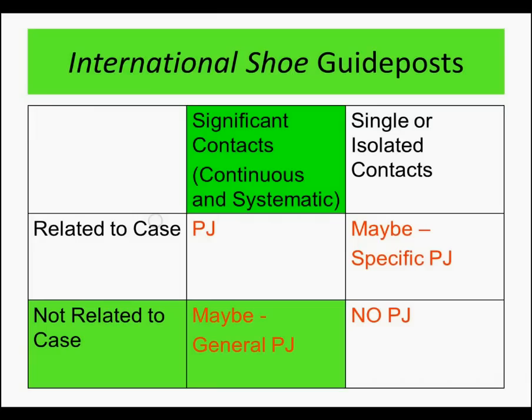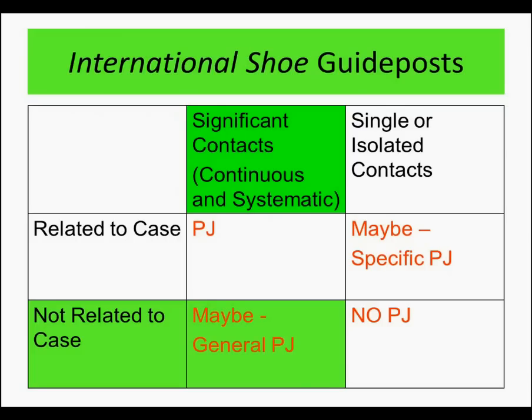All right, if you remember our International Shoe guideposts and the framework we put together from the court's opinion, we were talking about specific PJ, which, if you look in your boxes over here, is when there is a relationship between the claim and the contacts, and it's generally when there are very few, single or isolated contacts in the forum. You can exercise specific PJ.